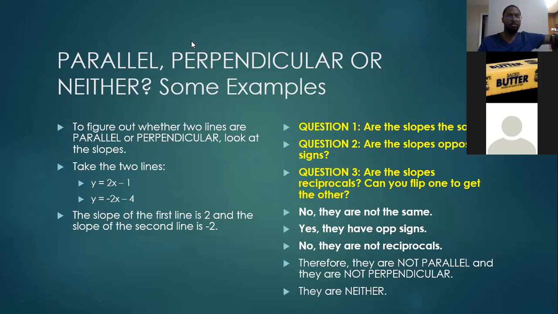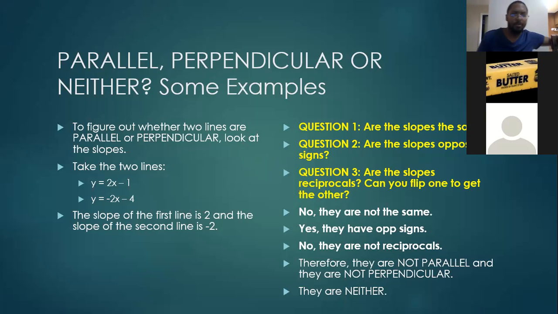Now, let's look at this. I've got 2x minus 1 and -2x minus 4. The question I want to ask is, are they parallel, perpendicular, or neither? So, are they parallel?